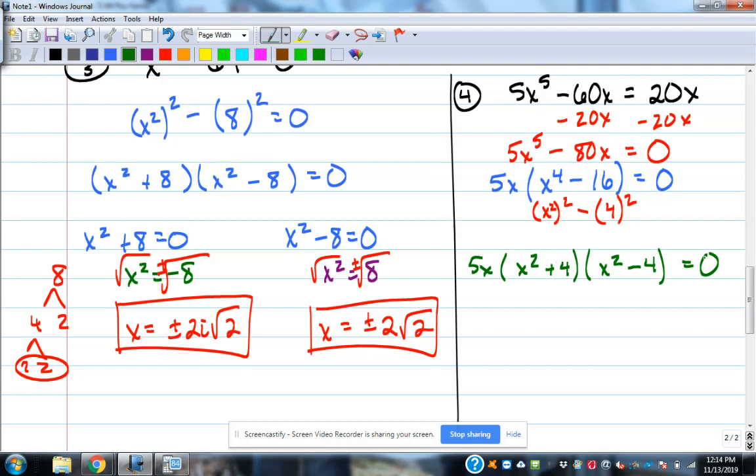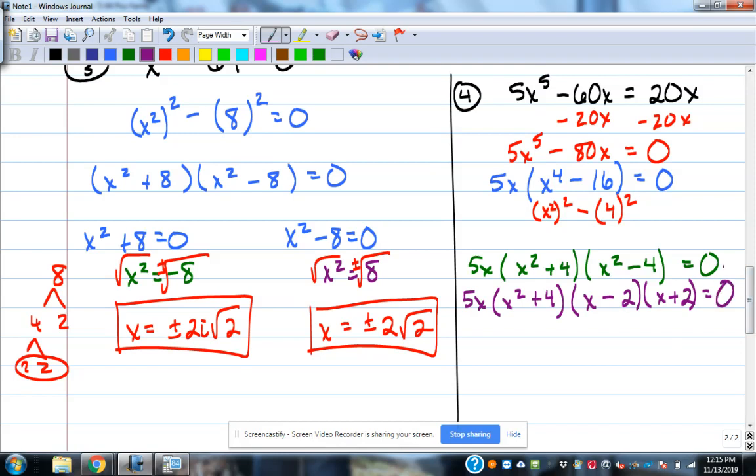Will any of those factor further? That x squared minus 4 is also a difference of squares, one we're more familiar with. So we have 5x, x squared plus 4, and then what are the factors for x squared minus 4? Yeah, x minus 2, x plus 2. So now we've got it all factored completely.